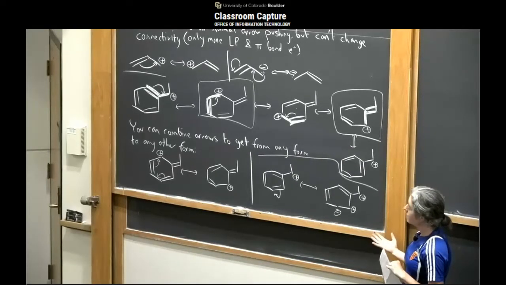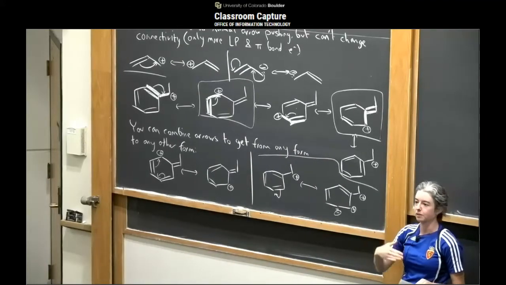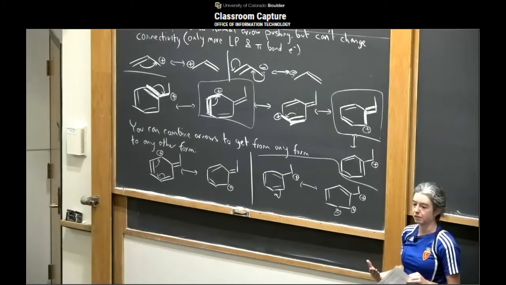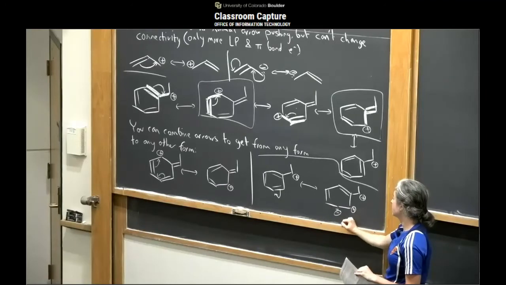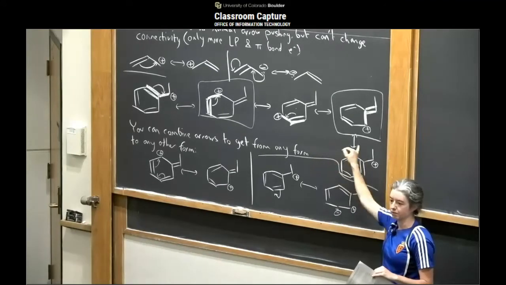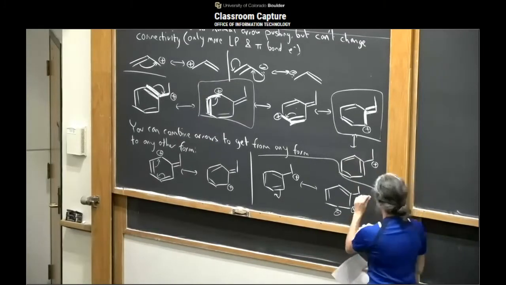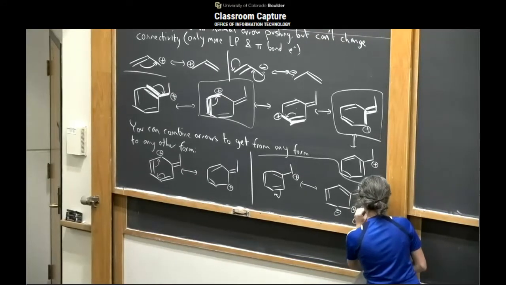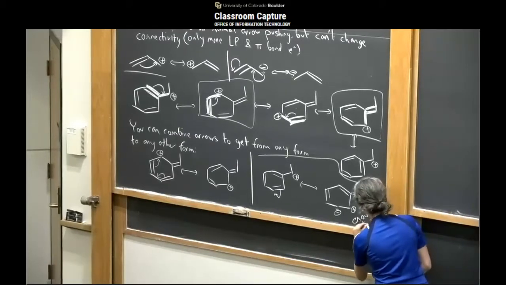But major resonance forms, this goes back to that list of resonance rules that I wrote up towards the end of last lecture, where the fewer charges you have, the more stable the molecule is. So even this is a thing you could do. How stable is this compared to all the other ones up here? Not very, right? There's a bunch of charges on it. Not stable enough, too many charges. So you would not show this as a major resonance form.